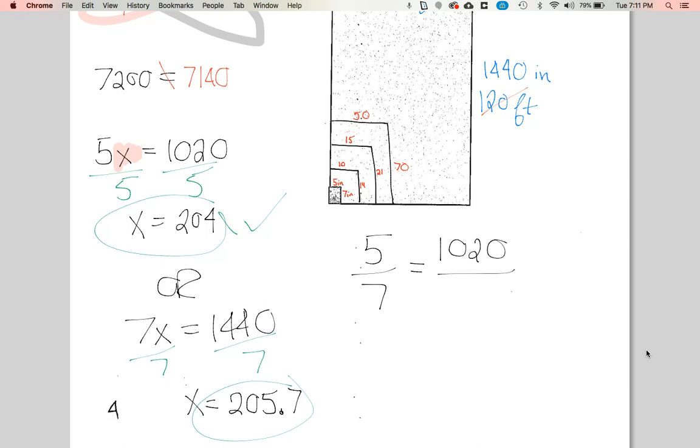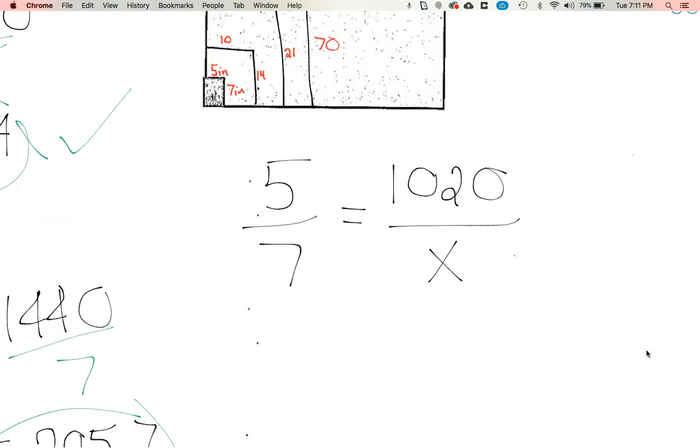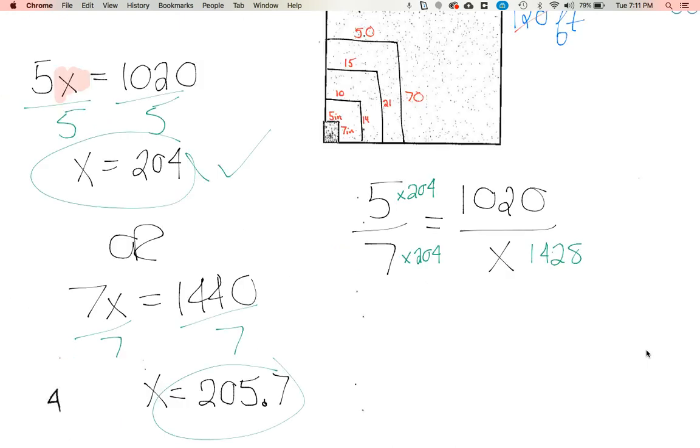What is the 7 going to turn into? Now you can think of it two ways. We already know that this is going to get multiplied by 204. So that means we have to multiply down here by 204, which gives us 1428. Or you can do cross products.